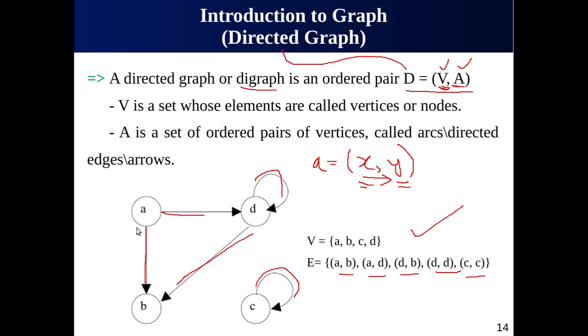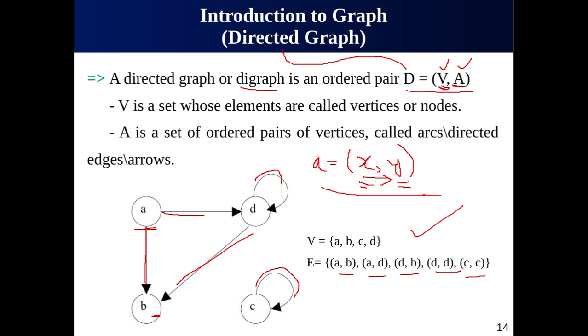The vertex A in this particular case is called the initial vertex, and B is called the terminal vertex. For the edge AB, as I just explained, A is known as the initial vertex and B is known as the terminal vertex of the edge AB.